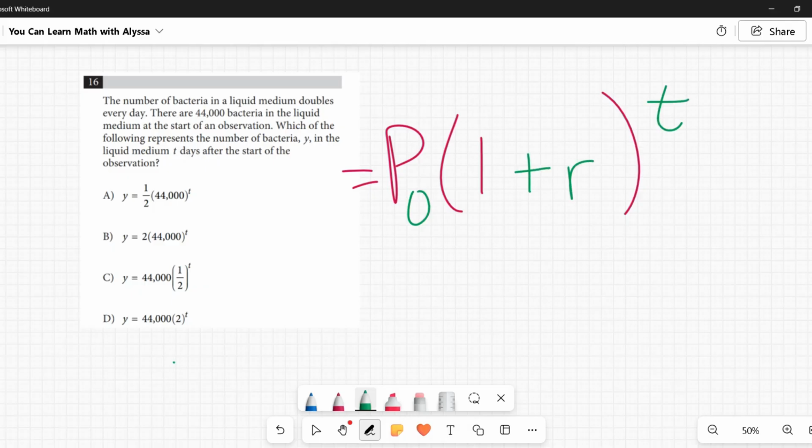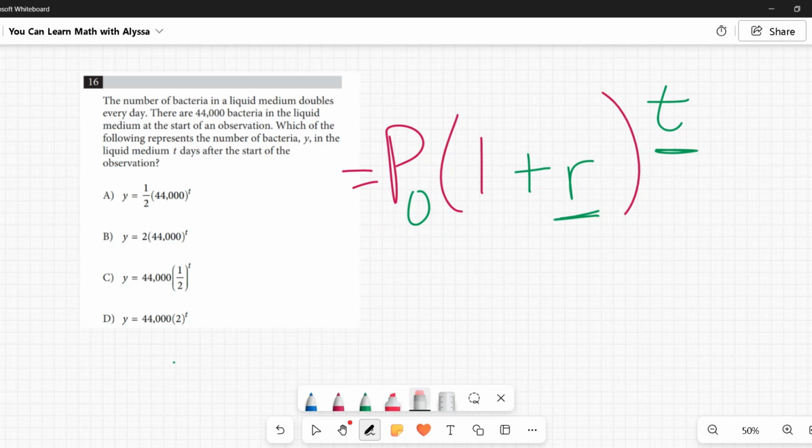You don't have that N in there. It's still the same sort of thing where P sub 0 is the beginning population, this is our rate, and this is the time. So it's a step backwards from the compound interest in that we're not giving the number of times we're compounding it.